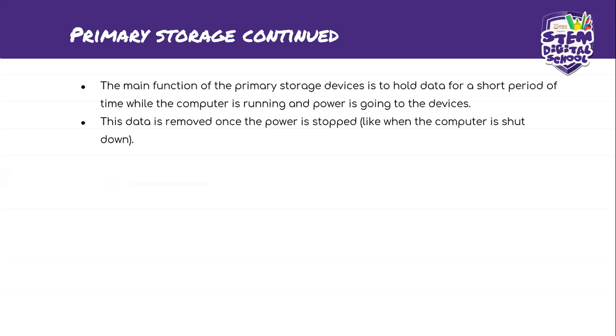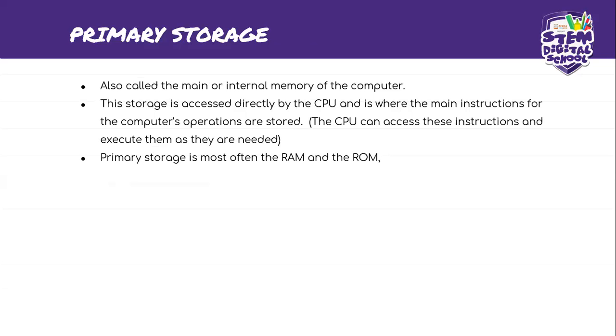So this is why we call this primary storage. When you are working on something, the CPU accesses these main instructions that you are giving your computer. This is called the primary storage.